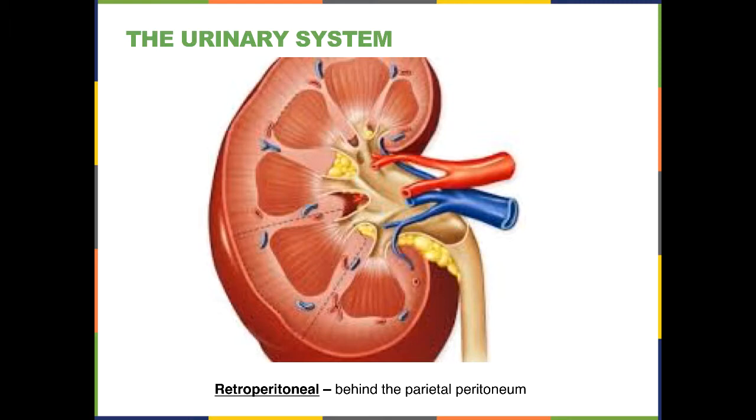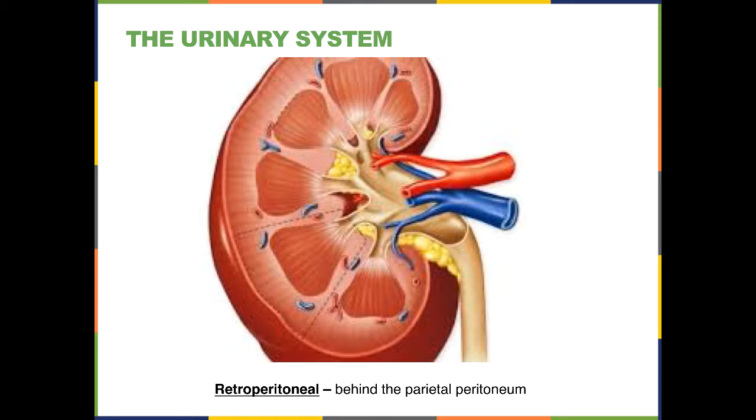What that means is that if you make an incision in the abdomen and you look in, you'll see the large intestine and the small intestine and the stomach, and these are peritoneal organs. What you won't see easily is the kidney, because the kidneys are behind the sheath of tissue known as the parietal peritoneum, and you have to cut through that.